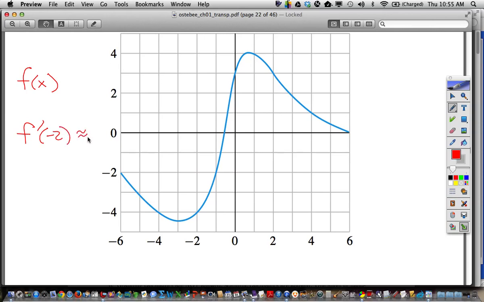We wanted to estimate the slope of this graph. That's what that means: f prime of -2 means what's the slope of the f graph at -2. And all you had was this graph. You didn't have an equation. Well, what you would want to do is come in here and sketch a tangent line.